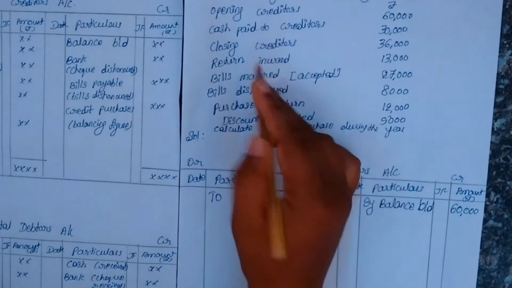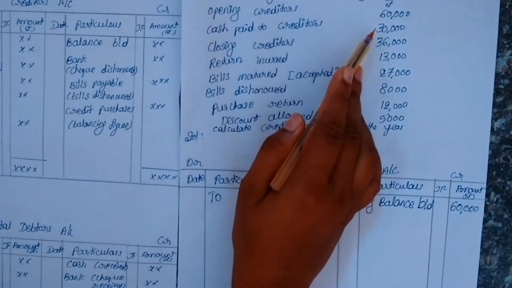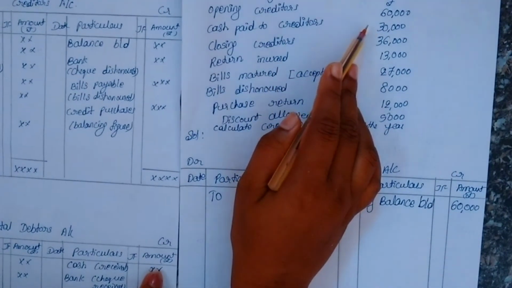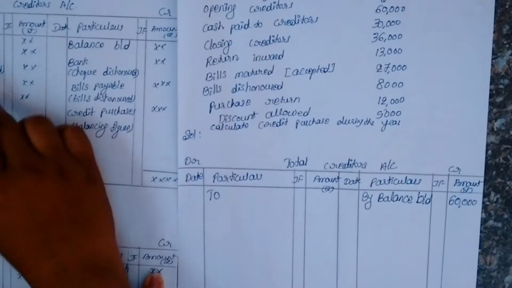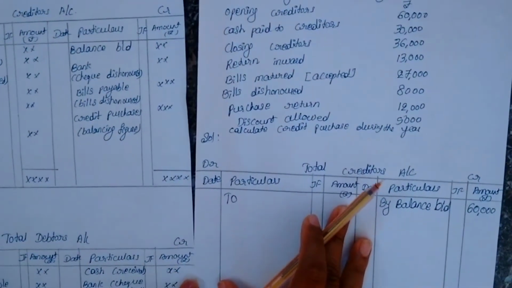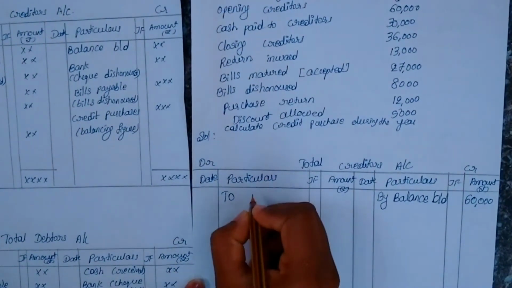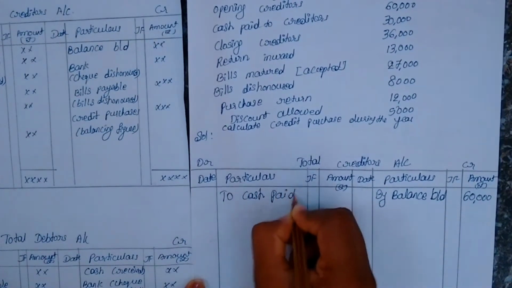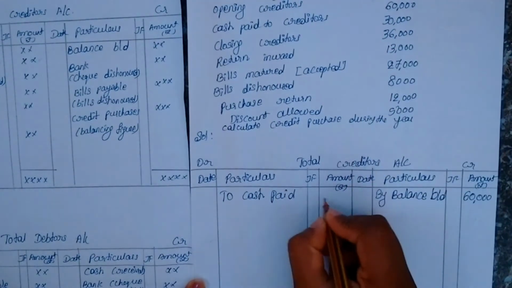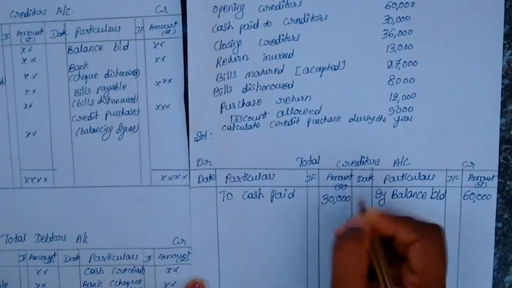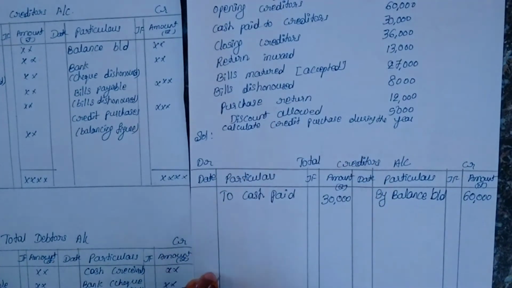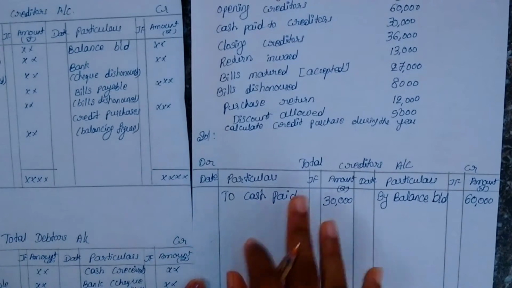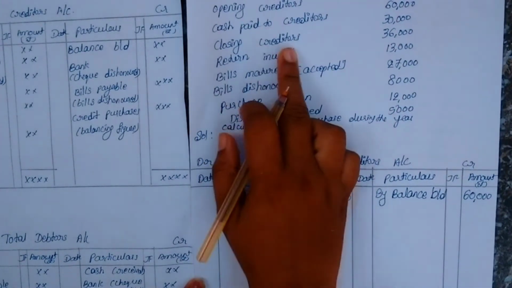Next, the second one is cash paid to creditors. How much? 30,000. Cash paid to creditors is on the debit side, right? To cash paid. How much? Cash paid is 30,000. The date is not given in the problem, so don't write the date. Next, closing creditors.